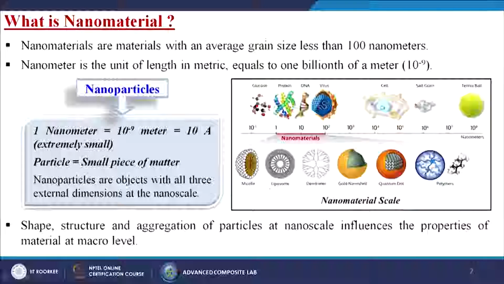Generally, micelles, liposomes, dendrimers, gold nanoshells, quantum dots, and polymer chains come in this range. This is the nanomaterial scale, but at 10 to the power 8 nanometers, it is generally the size of a tennis ball. So, more or less within the range of 1 to 100 nanometers, our whole nanomaterials lie.